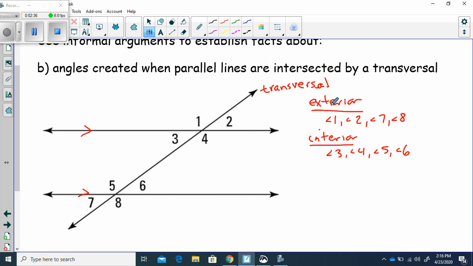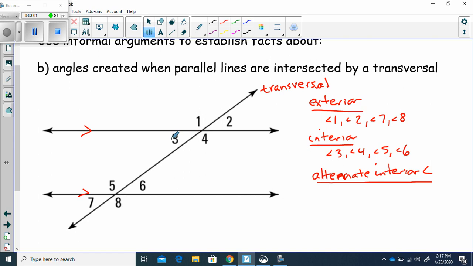Now we're going to be more specific than just exterior and interior. We have what we call alternate interior angles, and let's name these. Alternate, A-L-T-E-R-N-A-T-E, interior angles. Alternate means on opposite sides of the transversal.